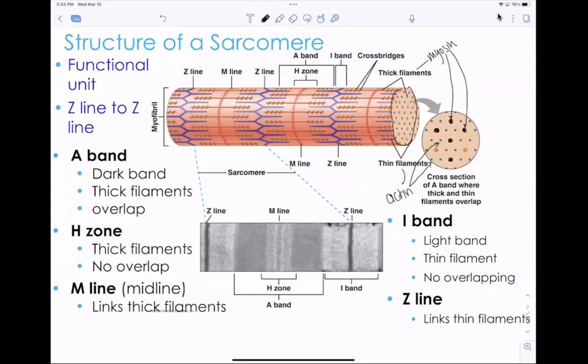And this is because these thick filaments have little heads that they can reach over and attach to the thin filaments and pull those thin filaments and slide those thin filaments over. And so in this one myofibril, you can see there's going to be a lot of opportunity for the myosin heads to reach over and grab a bunch of thin filaments.